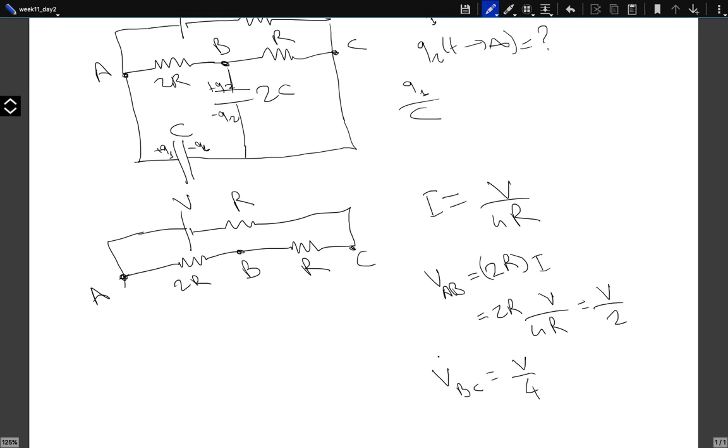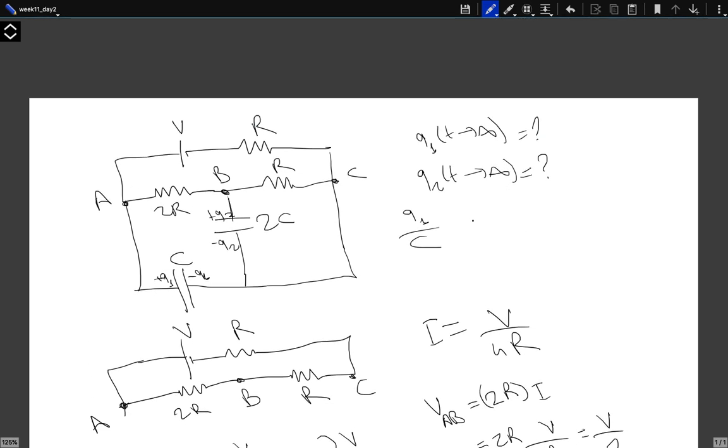Now VAC is VAB plus VBC. It's just 3V over 4. So we know Q1. Q1 is 3 over 4 CV.